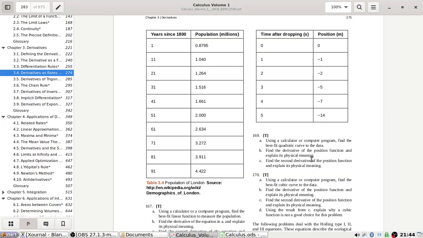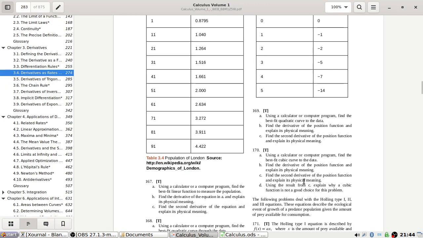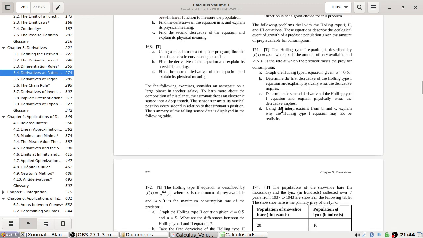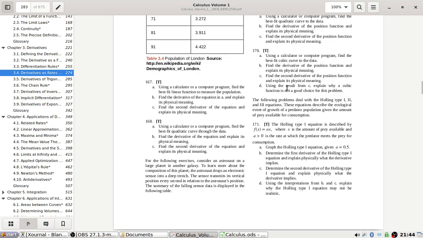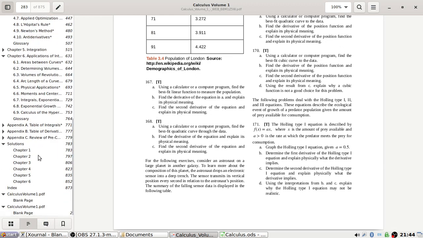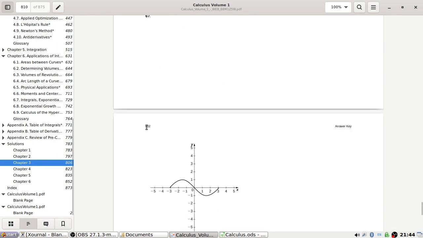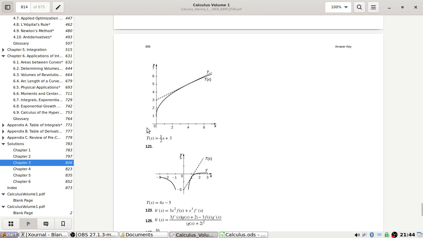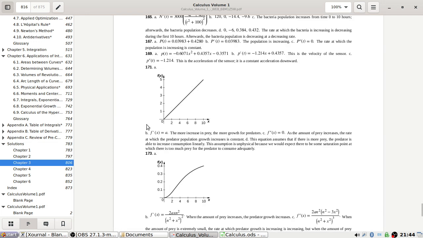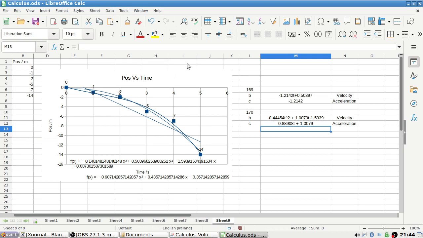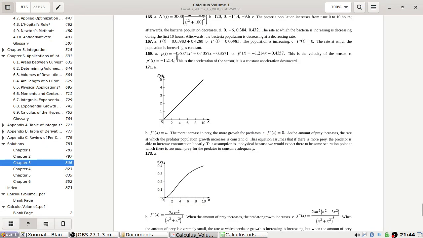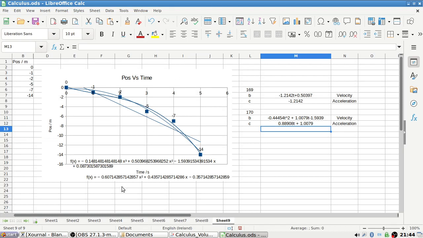Now, can I check the answer? Not for 170, but I can for 169. Quadratic.